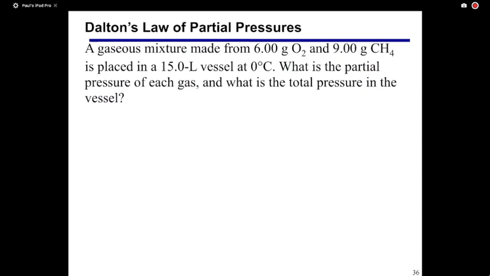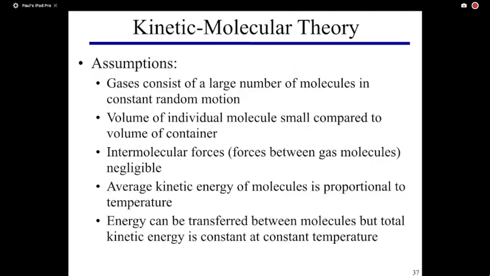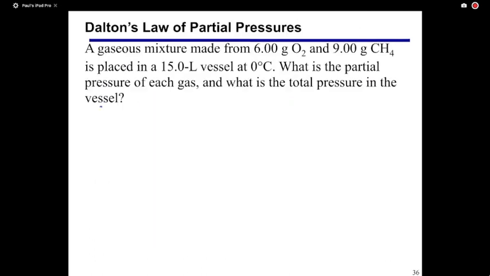And so, if I take a look at this, okay, what do I have? A gaseous mixture is made up of 6 grams of oxygen and 9 grams of methane, and it's placed, okay, well, let's just, I've got grams. Stop. I'm going to do oxygen first. I have grams of oxygen.